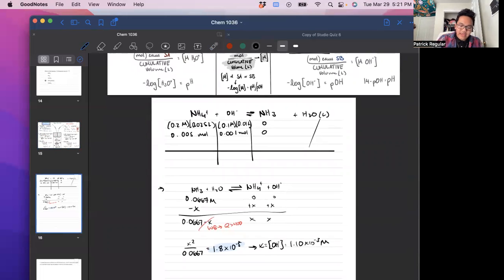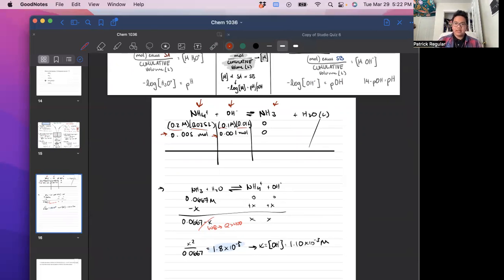So if you have a weak acid, you're reacting with a strong base, OH. If it gives you your molarity and your volume, well, let's find the moles real quick so we can do some workarounds with our ICE table. And we don't have any base. We solve out that this is 0.005 moles and this is 0.001 moles.